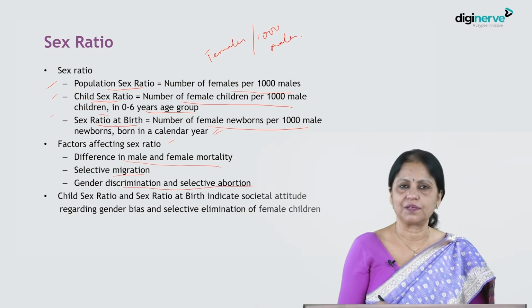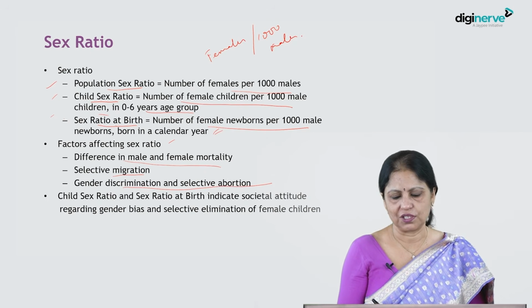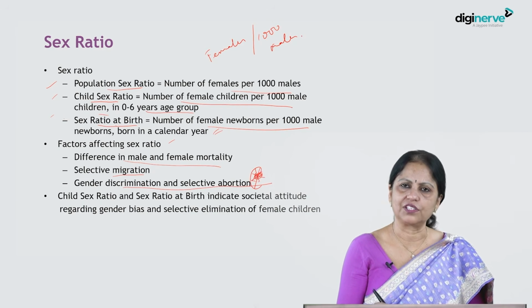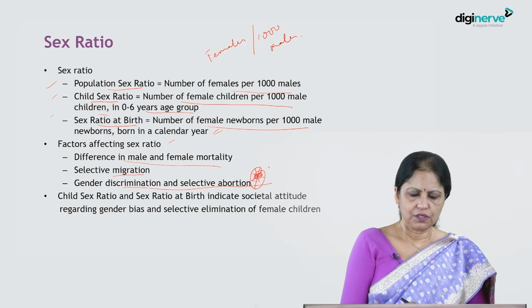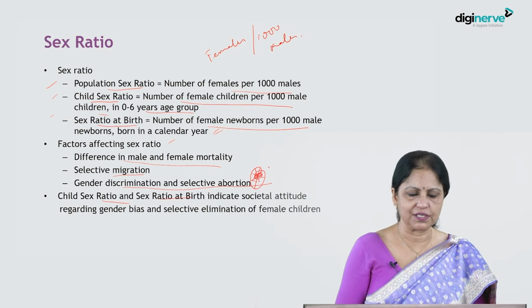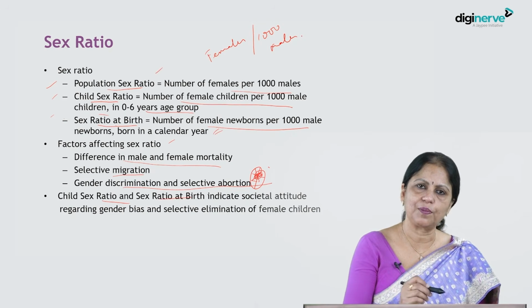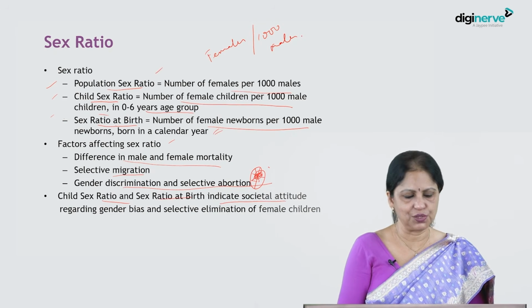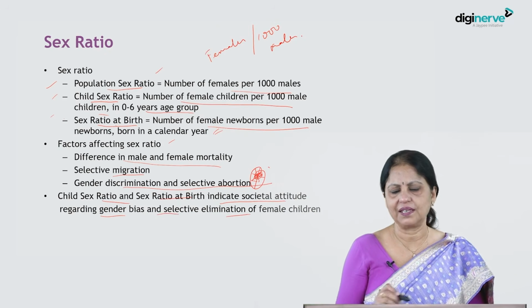And gender discrimination and selective abortion. This is a very important and a very alarming condition. Child sex ratio and sex ratio at birth, I will show you in later slides, are less than population sex ratio. And these indicate societal attitude regarding gender bias and selective elimination of female children.